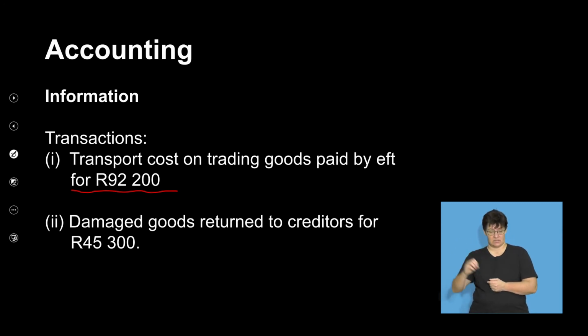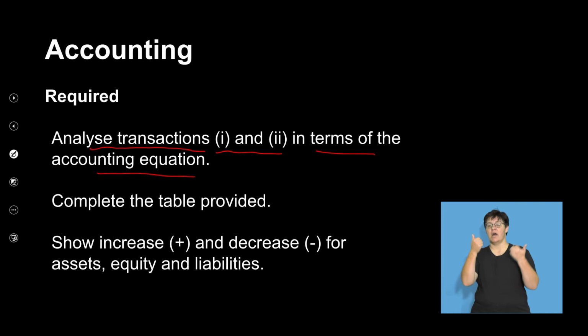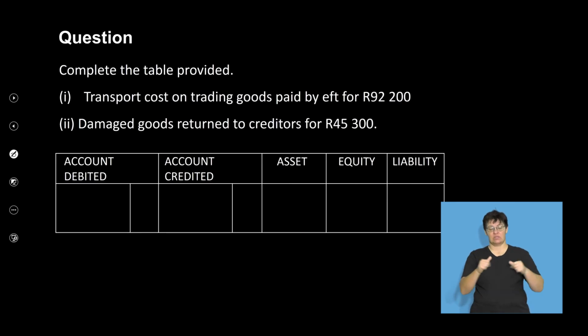Number 2, damaged goods returned to creditors for 45,300. The question says, analyze the transactions 1 and 2 in terms of the accounting equation, complete the table provided, show an increase with a plus sign and a decrease with a minus sign for assets, equities, and liabilities. All right, so here we go.